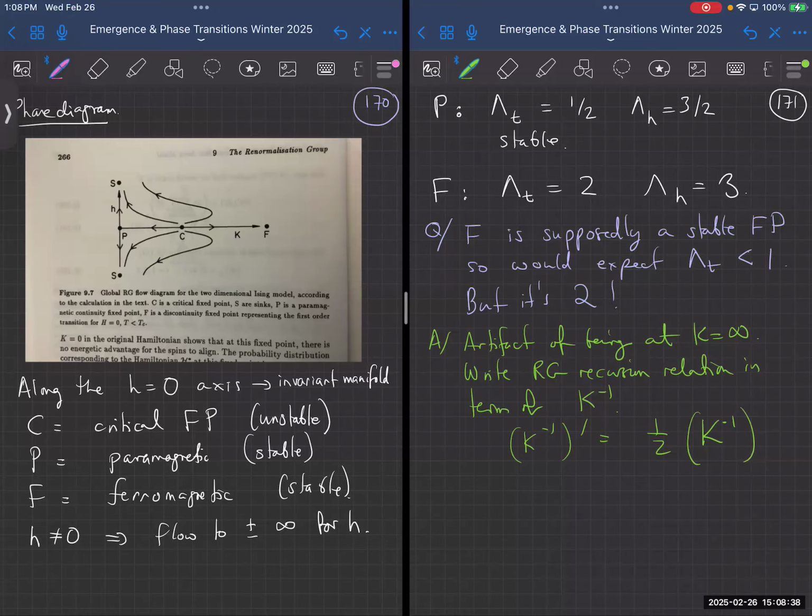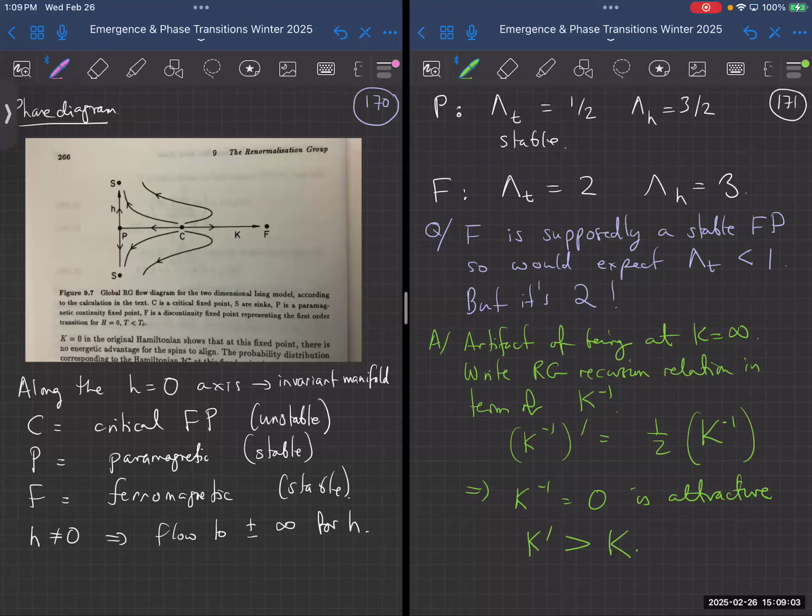And so then you can see that k to the minus 1 equals 0 is attractive. In other words, k prime is greater than k, but that's still an attractive fixed point if you're going to infinity.